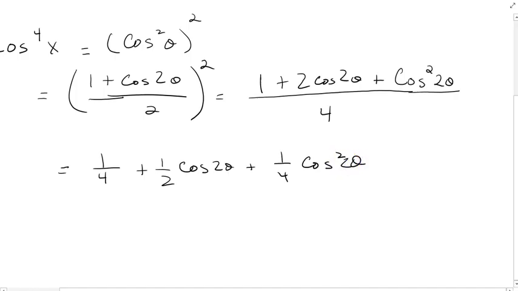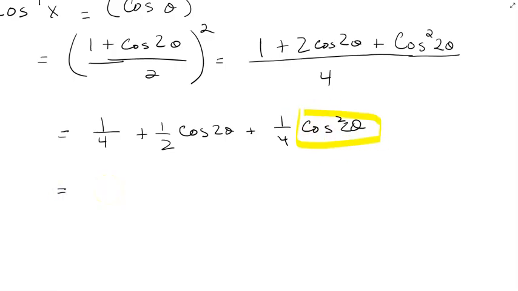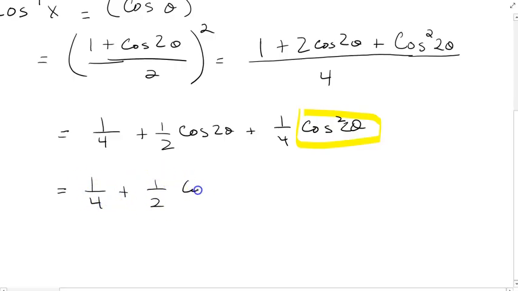So I just removed all over 4 and put each term over 4. Okay, well, I still have something squared, so I need to use the power reducing formula again. Just copy these down. Because remember, your goal is to have trig functions that have no exponents greater than 1.